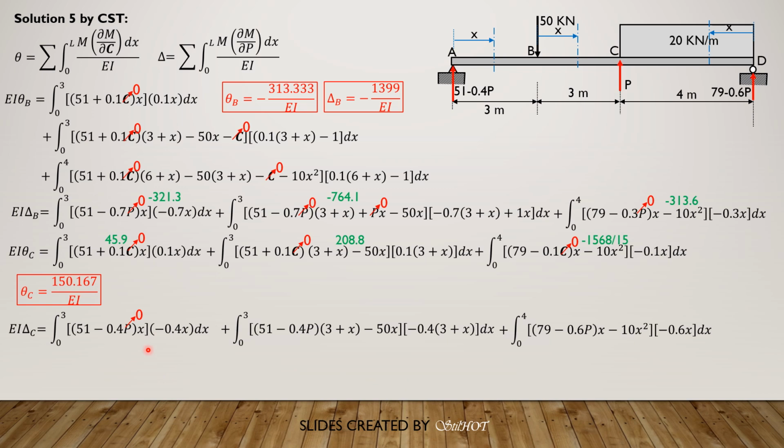So the value of the first integral, before we evaluate, you have to set P equals 0, so it's negative 183.6, same as before. This one is the same as before in the virtual work method.